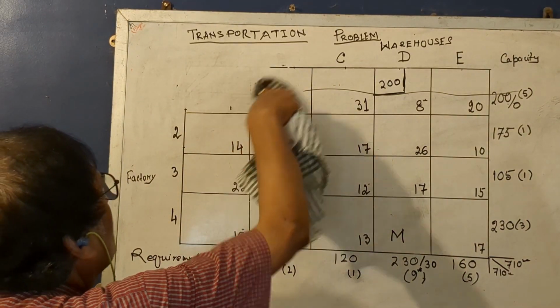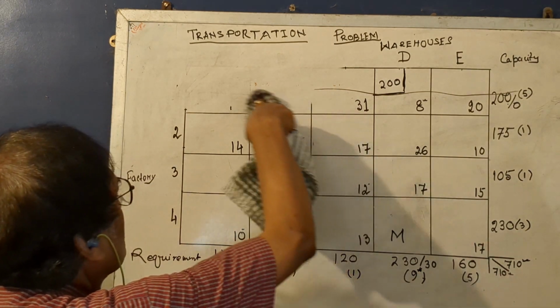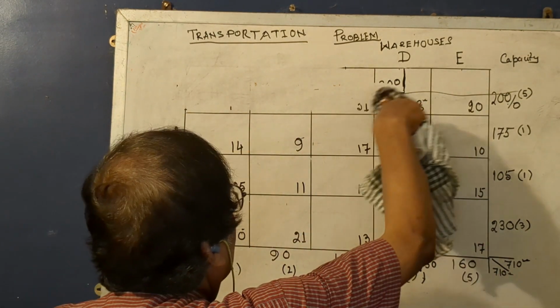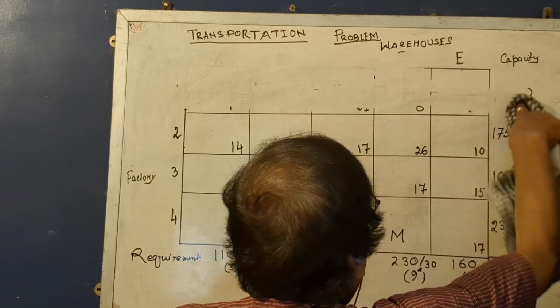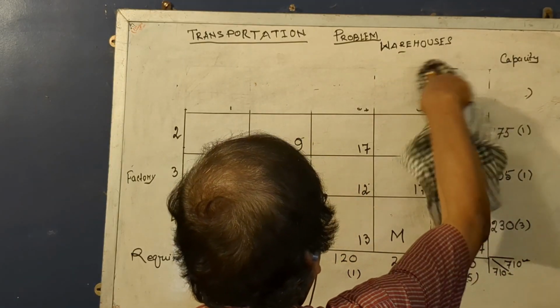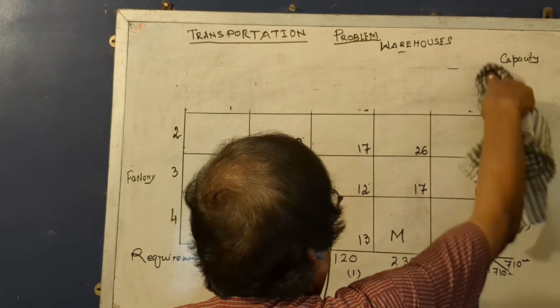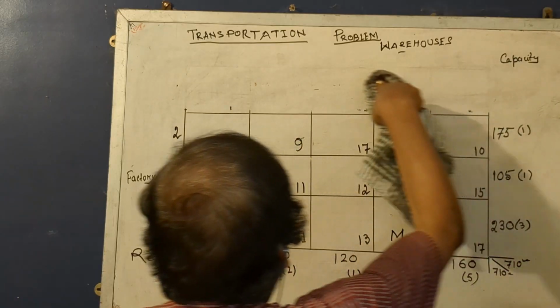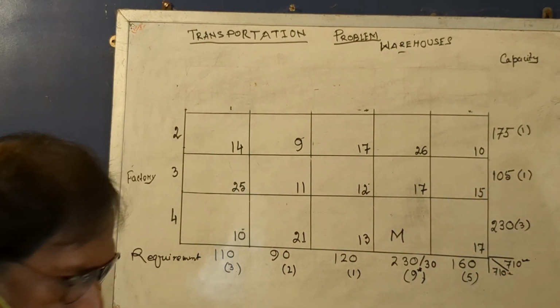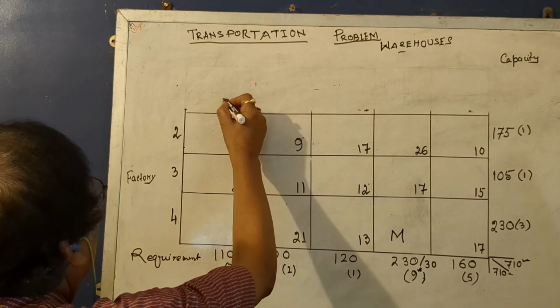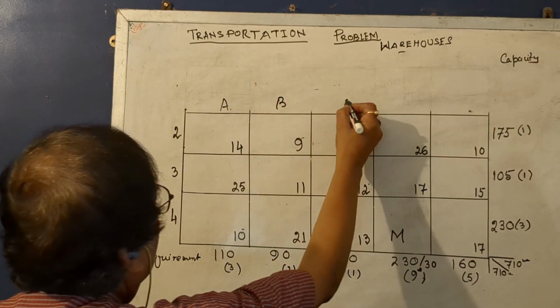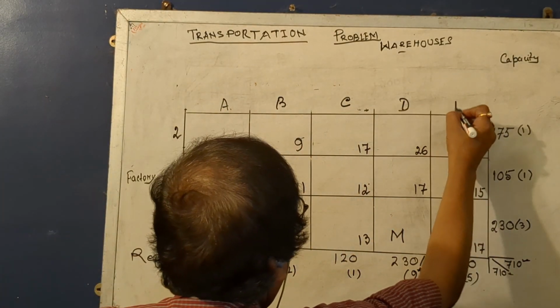You will note down in your copy. You have to note it down in your copy, because when the final table is ready we have to put it. Okay. So now we need not allocate it, that's why I have erased it. Now this is again A, B, C, D, E.